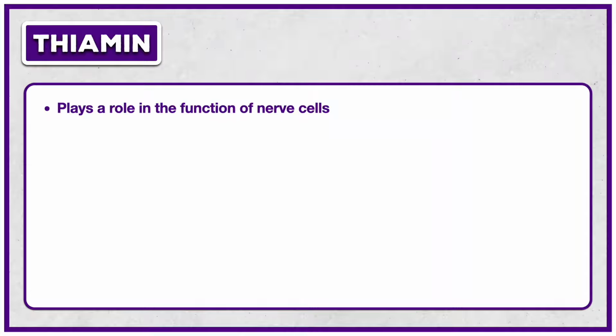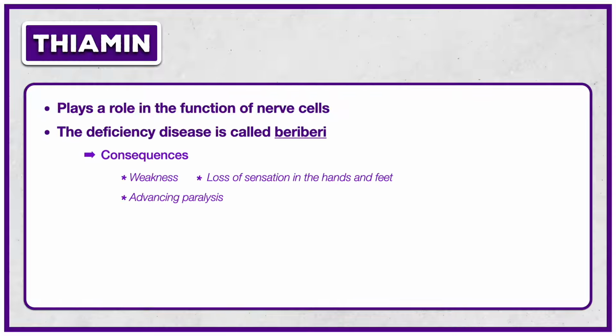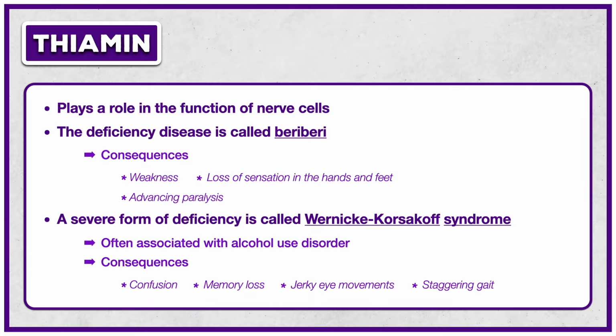Beyond being involved in energy metabolism, thiamine plays a role in the function of nerve cells. The deficiency disease is called beriberi, and its consequences include weakness, loss of sensation in the hands and feet, and advancing paralysis. A severe form of deficiency is called Wernicke-Korsakoff syndrome.